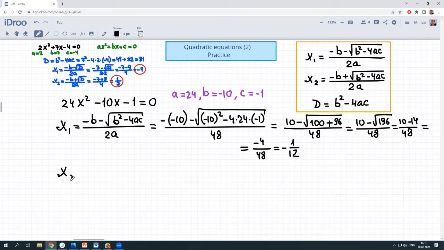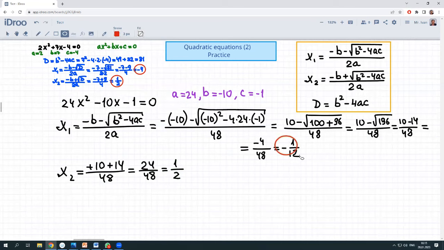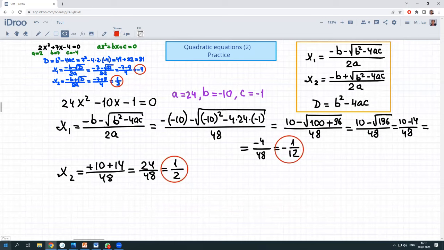And x2 would be, okay, let me just write +10 plus 14 over 48, and we'll get 24 over 48, which is 1/2. These are our roots now, -1/12 and 1/2. Not a big deal, yeah? Basically understandable, I believe, how to solve all this stuff.